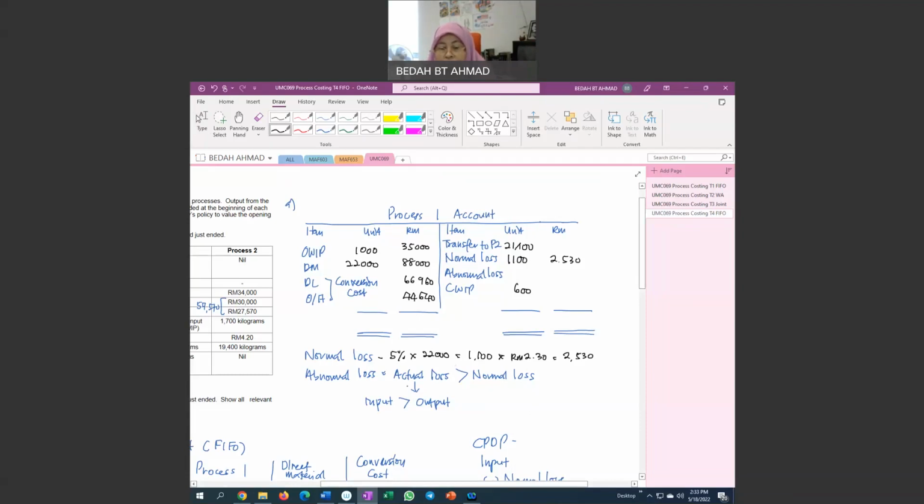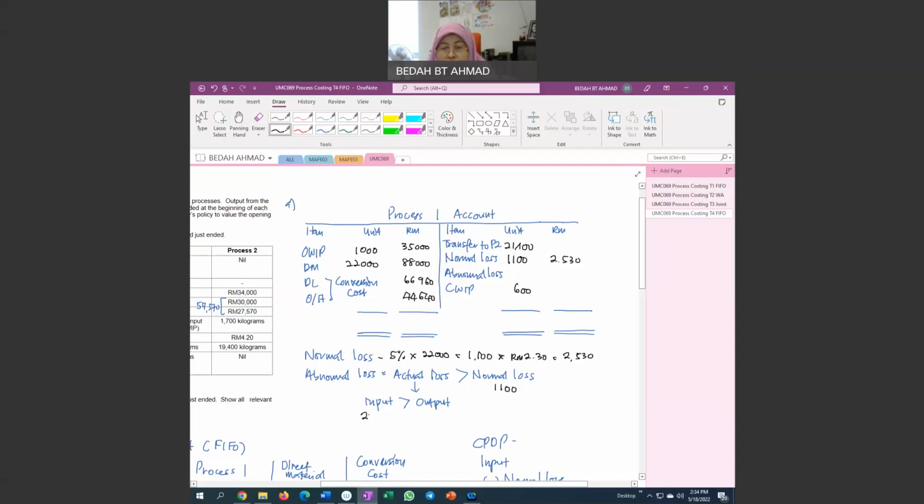Abnormal loss is when the actual loss is more than the normal loss. Normal loss here is 1,100 units. Actual loss we can get from the comparison of the input units versus the output units. The input is 23,000, based on the opening work in progress 1,000 and the direct material 22,000.